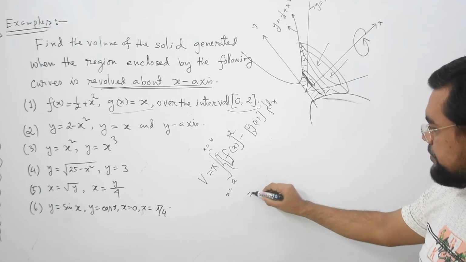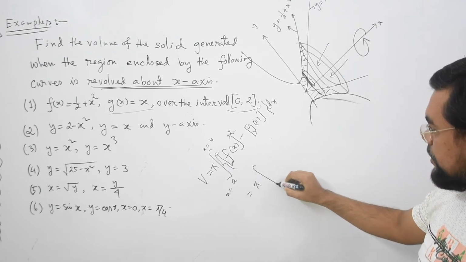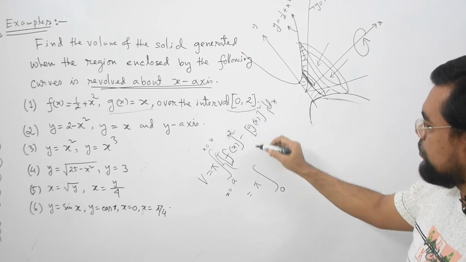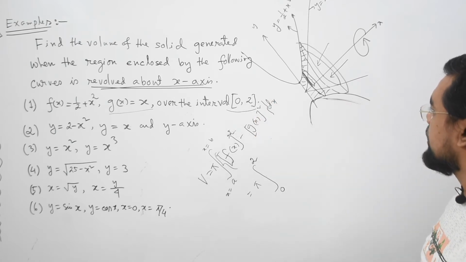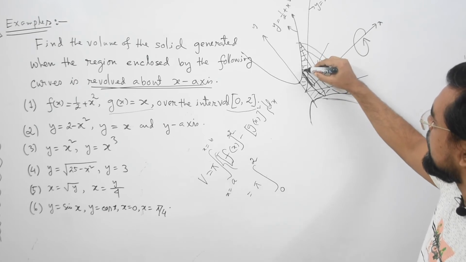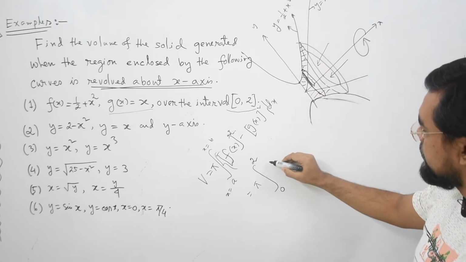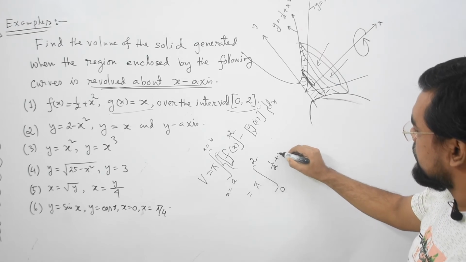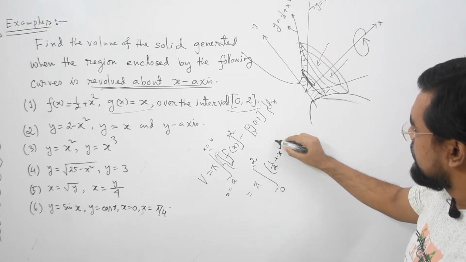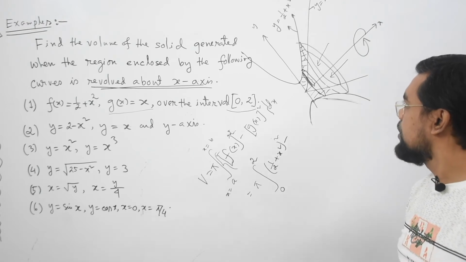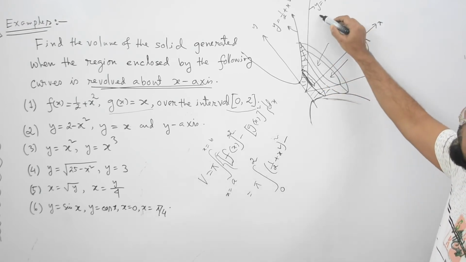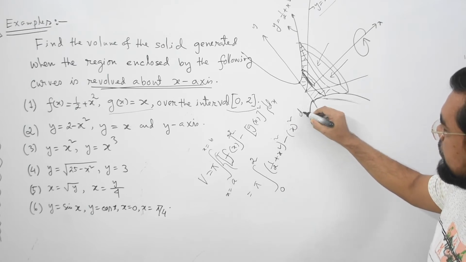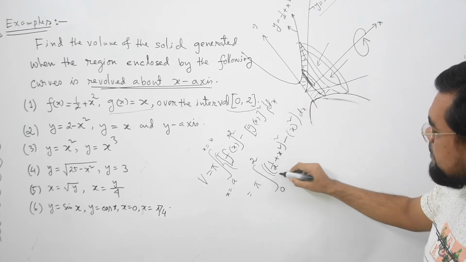So here x starts at 0 and ends at 2, and the curve above is f(x), which is 1/2 plus x square, minus the curve below, which is y equal to x, so g(x) square dx.